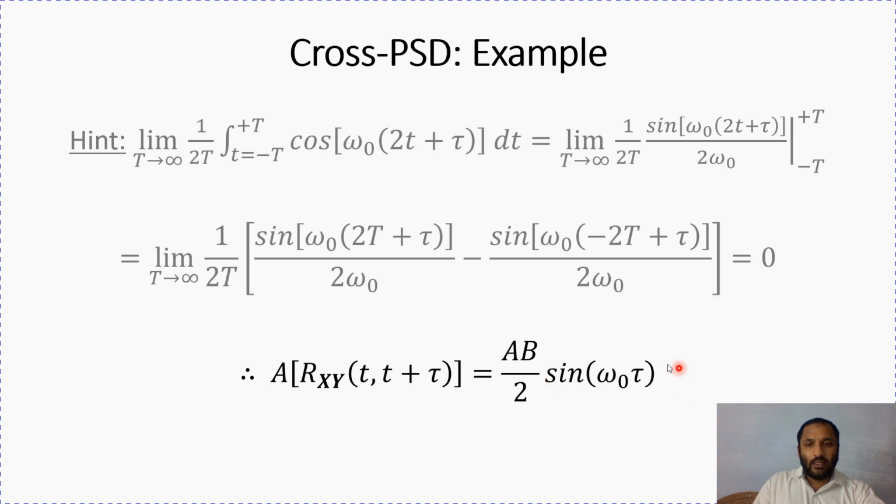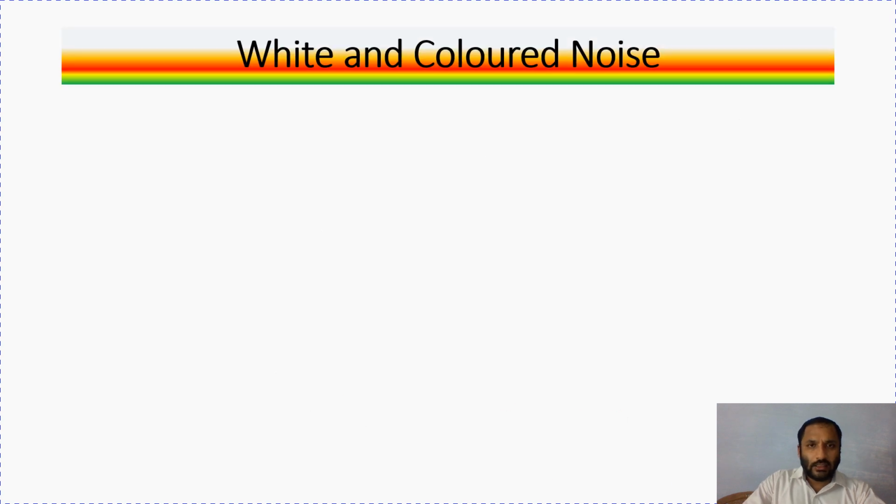You can refer to your textbook, or you can refer to the internet. What will be the Fourier transform of sine omega naught t, and you can substitute that expression for the value of its Fourier transform. Okay, so you can do the math. It is quite simple, but I will move on to the next topic.